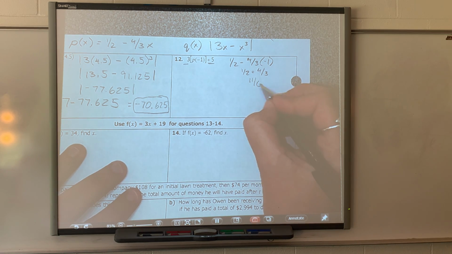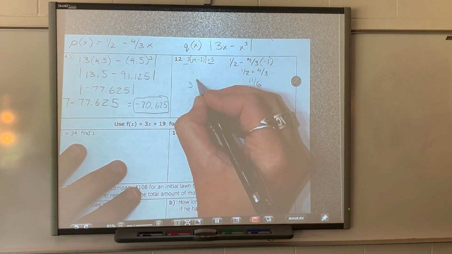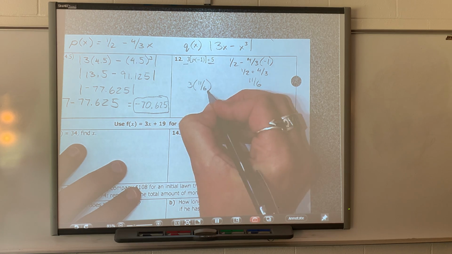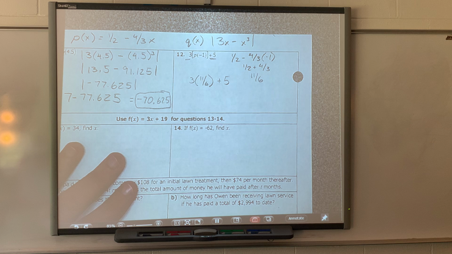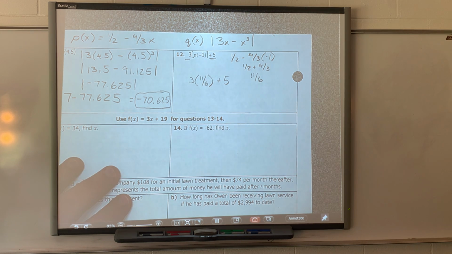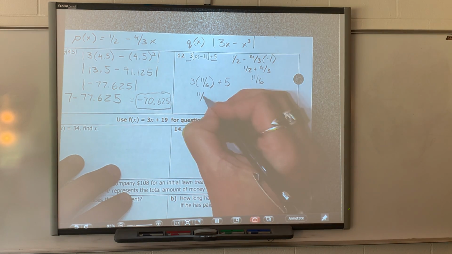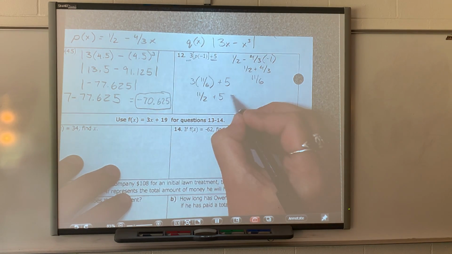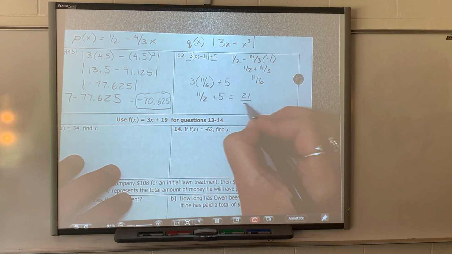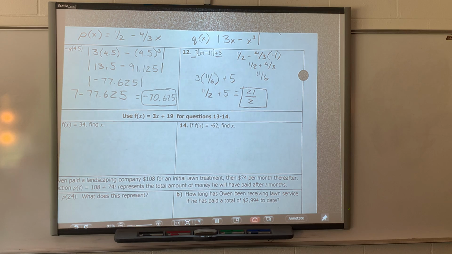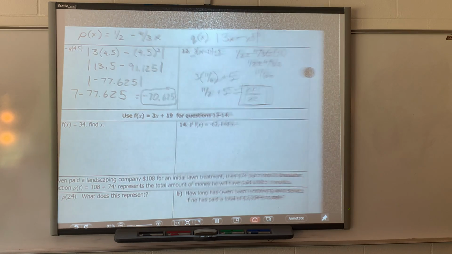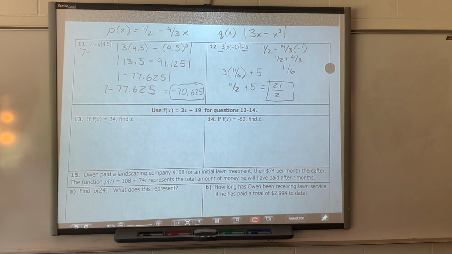Okay. 11/6. Okay, so now I have 3 times 11/6 plus 5. Take your 11/6 that you've already got in your calculator, times 3. 11/2 plus 5. 21/2, and that's how you leave it. If we started with fractions, we're leaving fractions. If we started with a decimal, you're leaving the decimal.